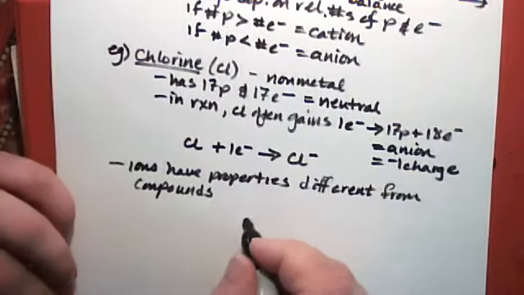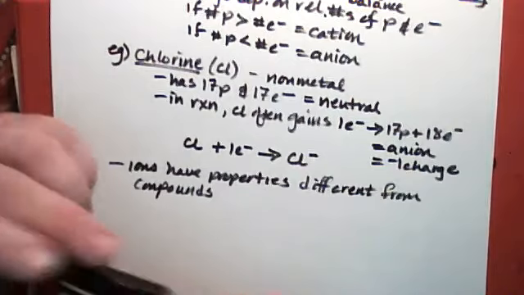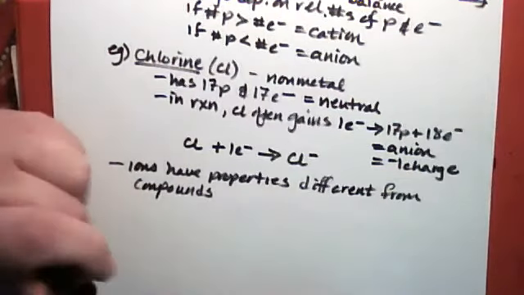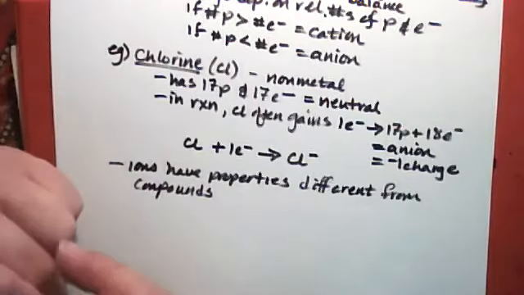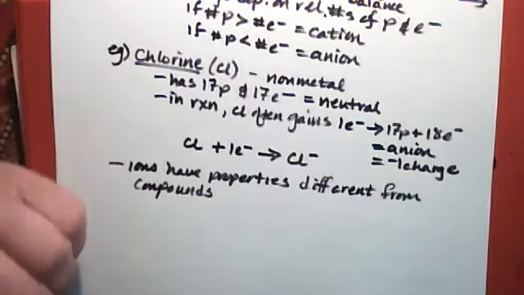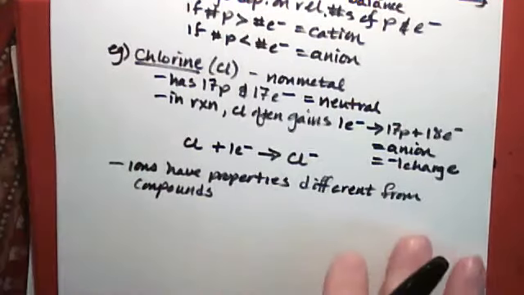When you take, say, hydrogen atoms and combine them with oxygen atoms to form water, you end up with a compound that has very different properties. Hydrogen is an explosive gas, and oxygen is a gas that really promotes combustion. And when you put them together, you get a liquid that puts out fires. So that's quite a difference just because you've bonded things together. Well, the same is true for ions.